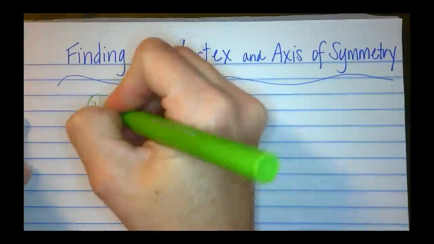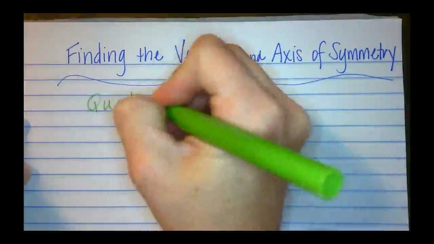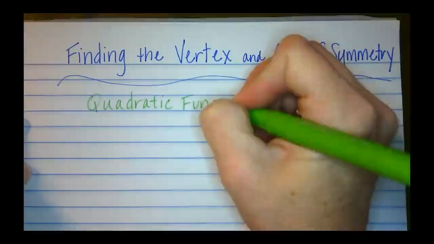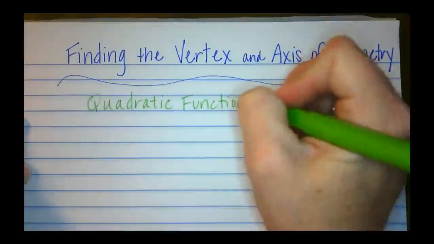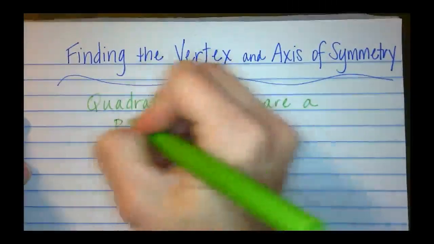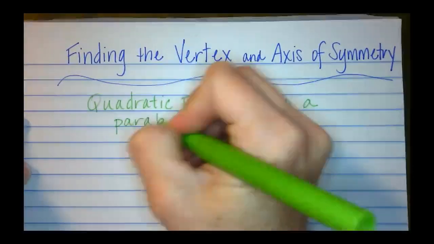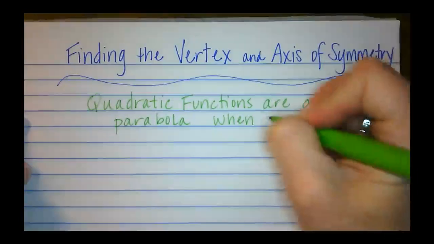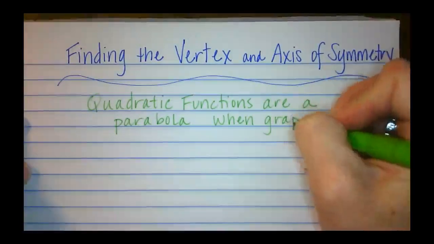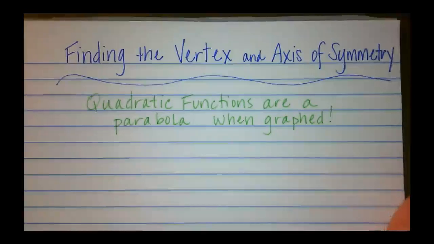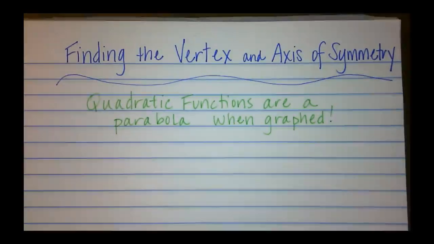So we're going to say quadratic functions are a parabola when graphed. So a linear function is a line when we graph it. A quadratic function is a parabola.